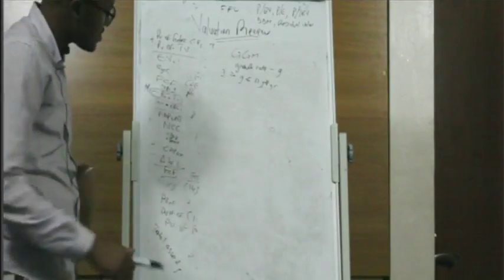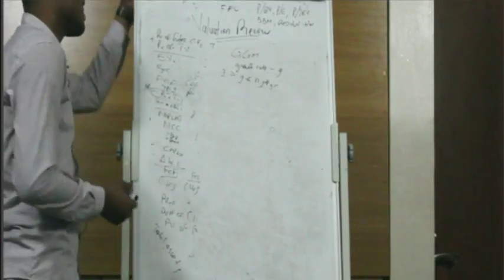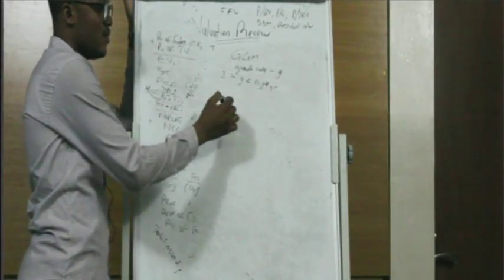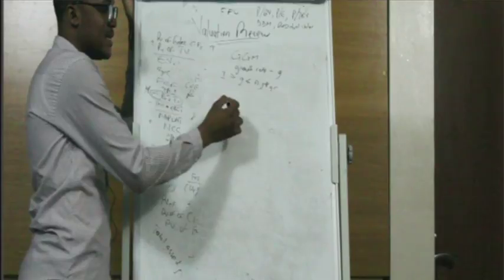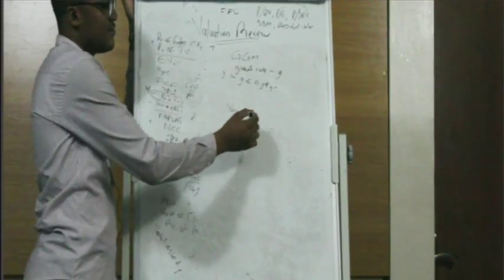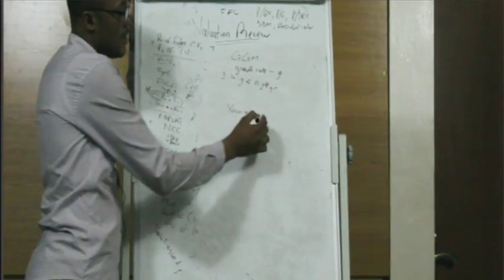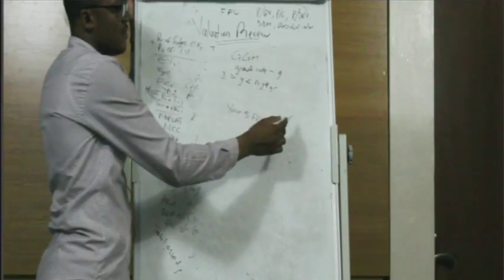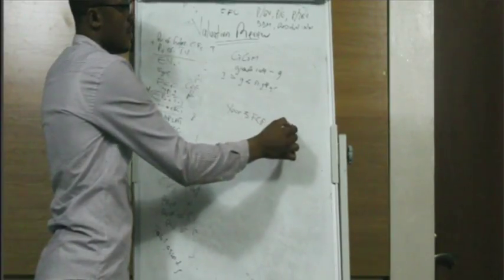With the multiples method, you take for example the free cash flow, the year 5 free cash flow or the end of forecast period free cash flow, and then you apply a multiple to it. What multiple?